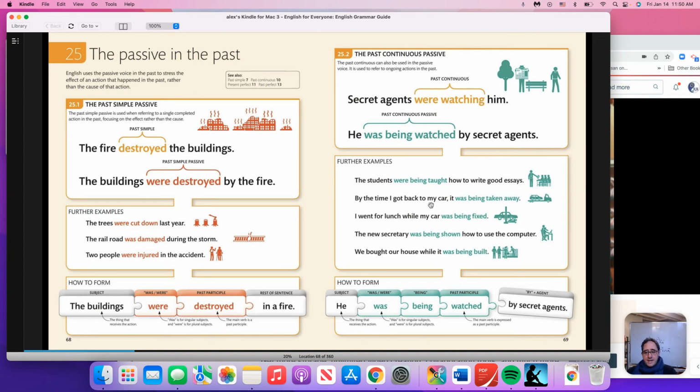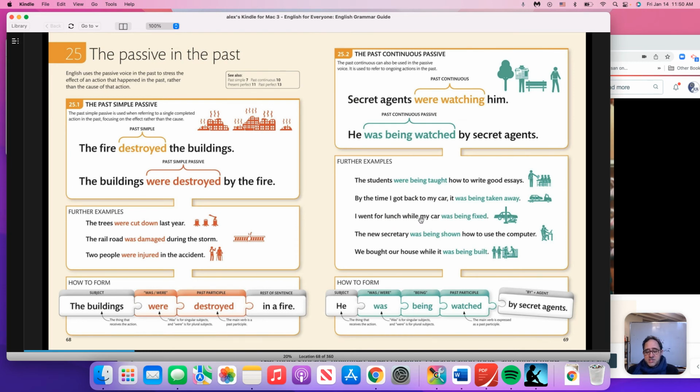By the time I got back to my car, it was being taken away. See how it is subjective here? It's dependent on this other sentence. By the time I got back to the car, it was being taken away. My car was being taken away when I arrived.